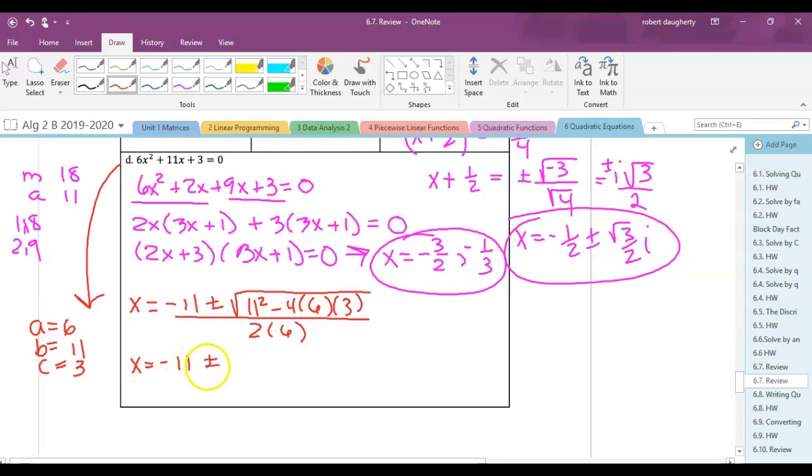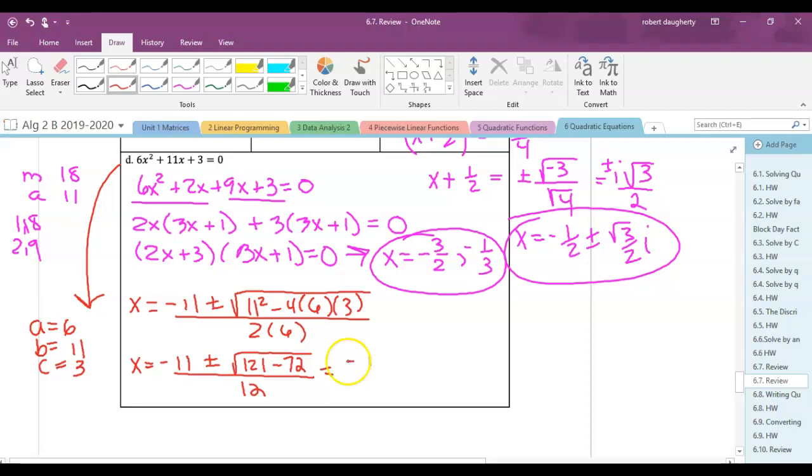So this is x equals -11 plus or minus the square root of 121 minus, what is that, 18 times 4, which is 72, all of that over 12. So 121 minus 72 is 49.